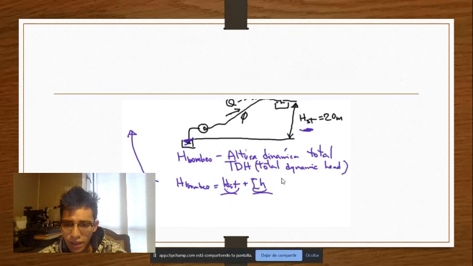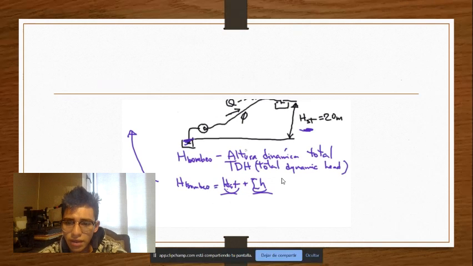Let's take an example. We have our reservoir and a pump that transports water to a tank. We know the water levels and the discharge. The difference in level is what we normally call the static head or the static pumping head.